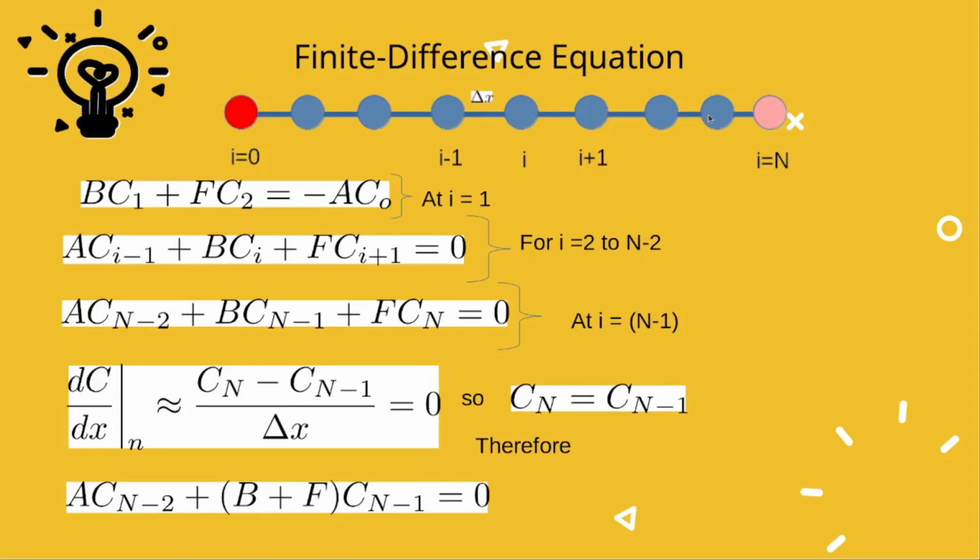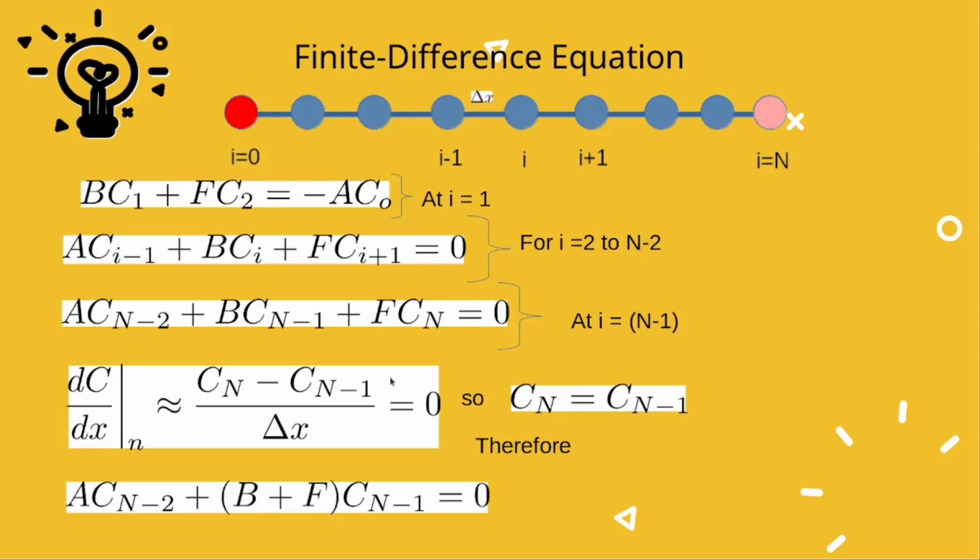When I go to this last node n minus 1, I'm going to write a C(n-2) plus b C(n-1) plus f C(n). But if I say that my flux term, that dC/dx term, is equal to 0 at this outlet boundary condition, then dC/dx is equal to 0.